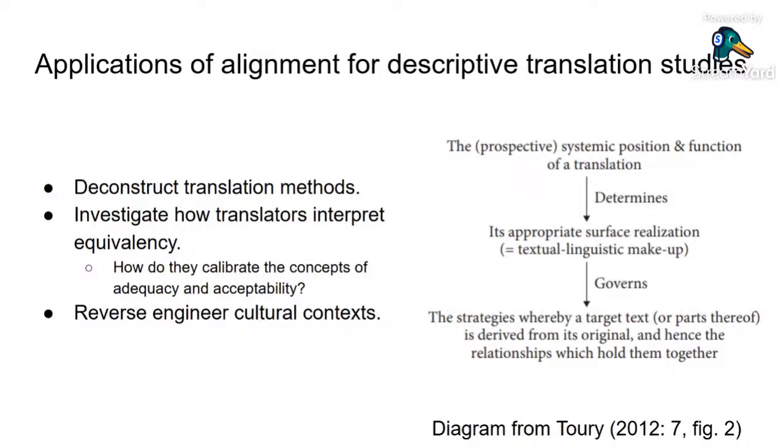So as this diagram from Toury shows, cultural concerns dictate the linguistic realization of a translation, which then selects the appropriate translation strategies. So we can use translation alignment to go back up this tree, to reverse the process to figure out exactly what those original cultural concerns were.